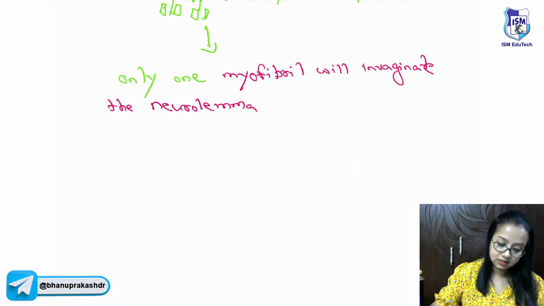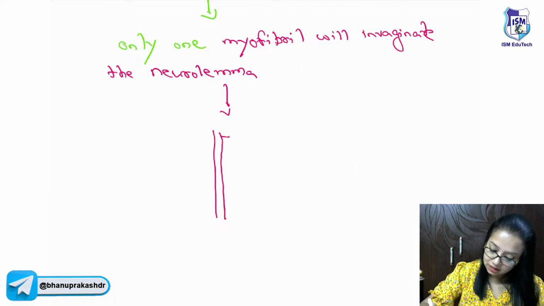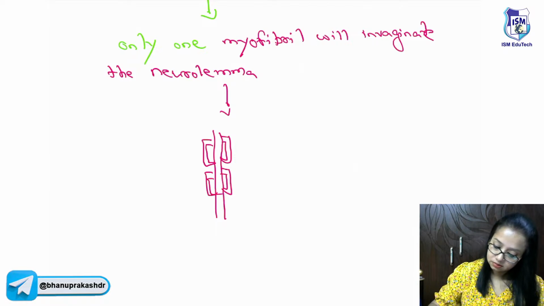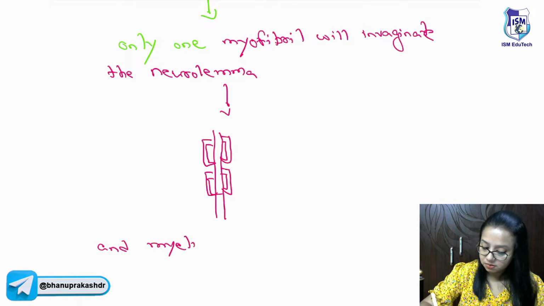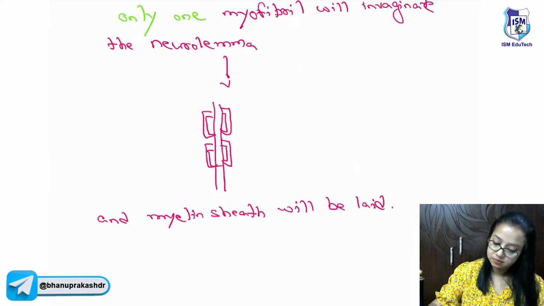It will invaginate the neurolemma, and ultimately there will be like again laying of myelin sheath, and myelin sheath will be laid.